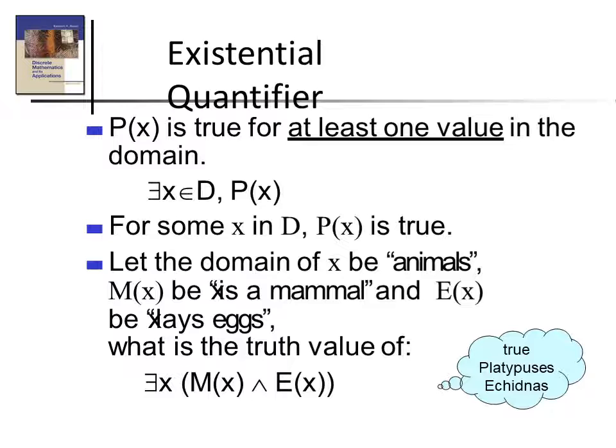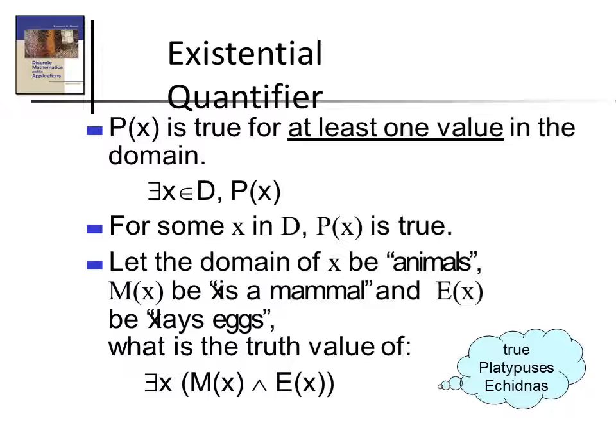For example, let x range over animals, and M of x means x is a mammal, and another predicate E of x means x lays eggs.